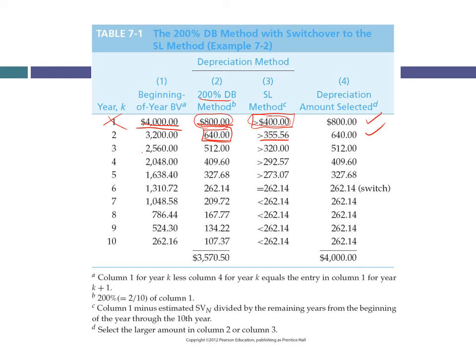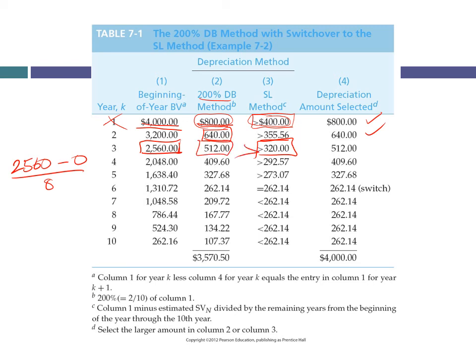So we subtract this value, and this is the book value. Now, to calculate the straight line method, again, from this book value we subtract the salvage value and divide by the remaining years, now 8. From here, we calculate the depreciation of the straight line to be this much. We compare these with each other.